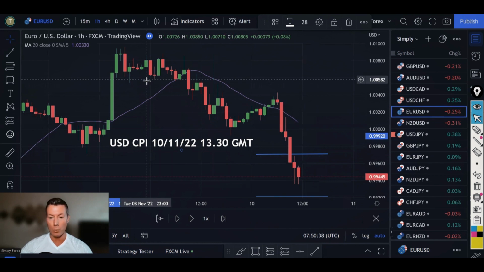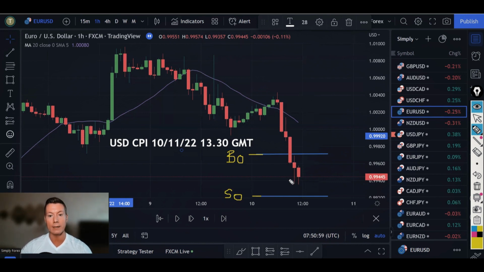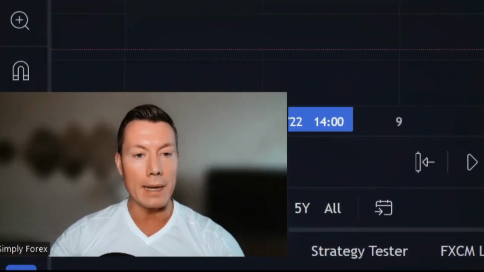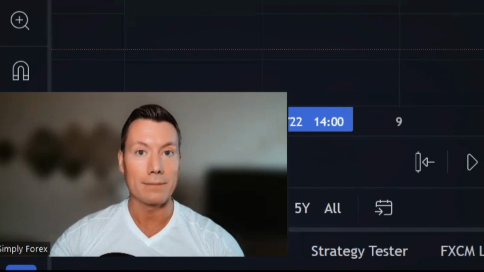It's very simple. You see my two blue lines, guys. Basically, my first blue line here, this is a buy order, okay? And my second blue line here, this is a sell order, okay? So we're not in the trade, we've just placed a buy order and a sell order, okay? With news, guys, we don't know what the data is going to be or how it's going to react, okay?